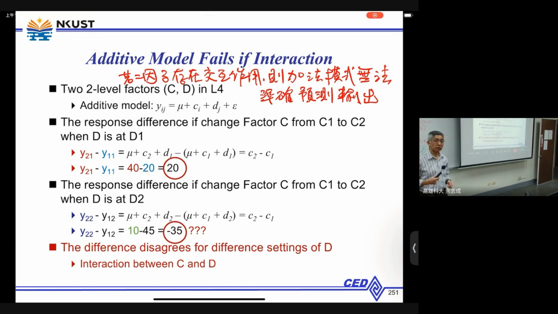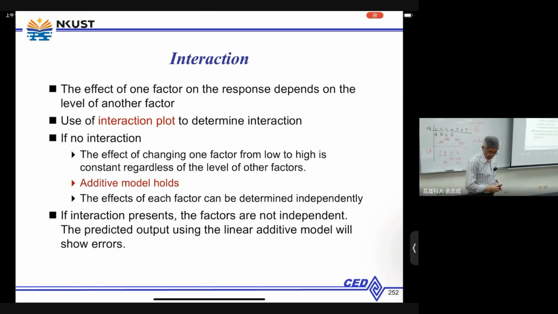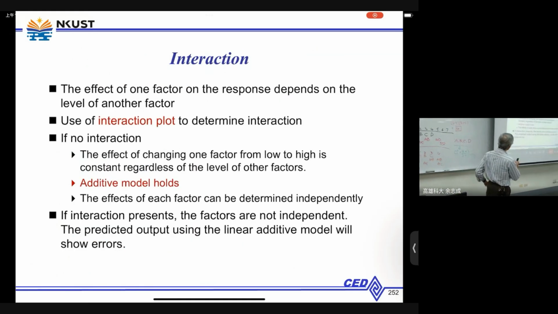Now, then we might get into trouble because we use the concept of the additive model to predict what will be the best combination of our parameters. So here, what is interaction? Interaction means that the effect of one factor will depend on the level of another factor.